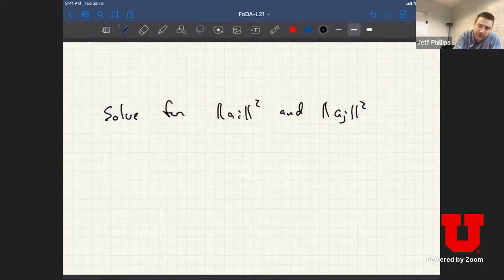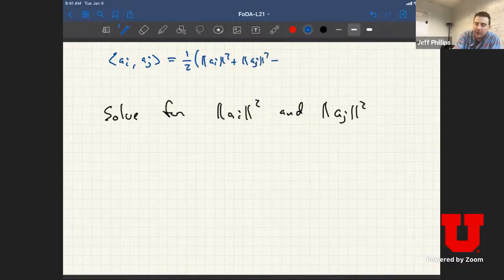Remember, we had AI AJ. This is what I want: 1/2 of the norm of AI squared plus the norm of AJ squared minus the norm of AI minus AJ squared. So I can solve for these, and this one we know how to get already.